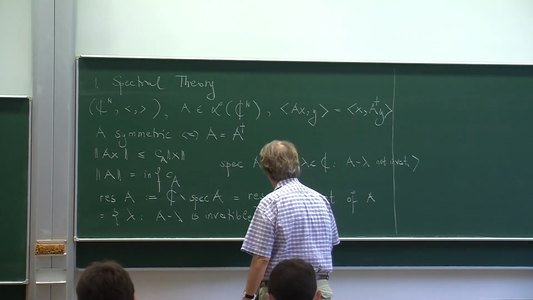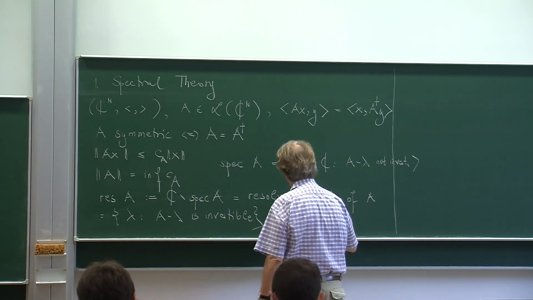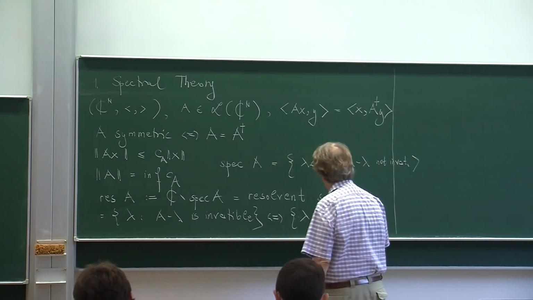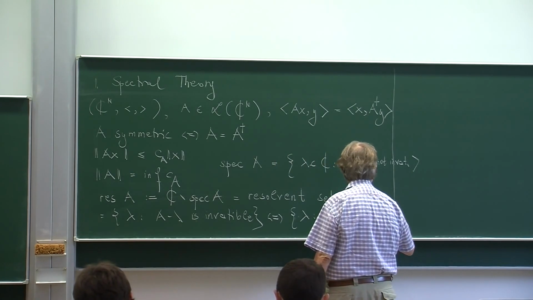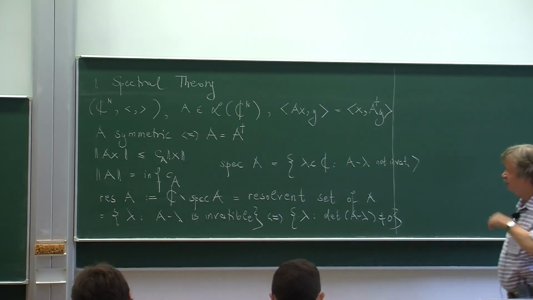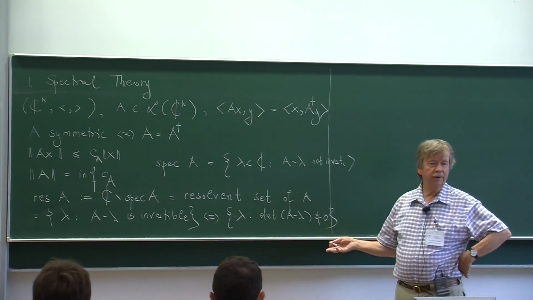And this is equivalent, as we know, fortunately, to the fact that we look at those lambda such that the determinant of A minus lambda is not 0. And then the spectrum is the set where the determinant is 0, which is a polynomial.